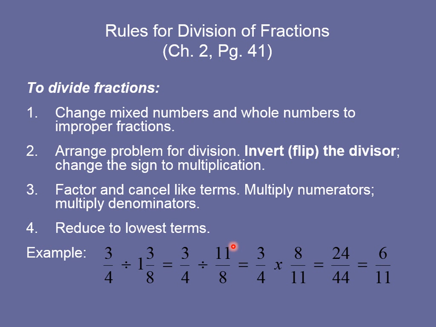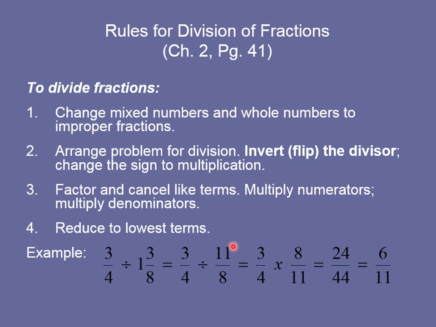We write the prime factors for both. 24 you can write as 2 times 3 times 2 times 2, and 44 you can write as 11 times 2 times 2.